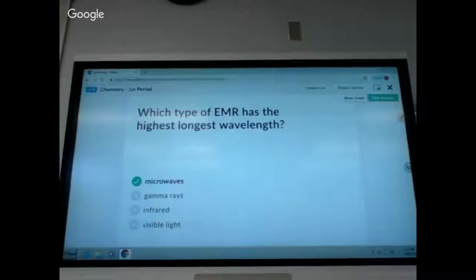No. Okay. That will cause a problem. So flip to here. See how it says longest and shortest? Okay. So you're looking there. Microwave is here. Gamma rays is here. Infrared and visible. So the one closest to longer wavelength is microwaves. That's why it's microwave. Anybody else?